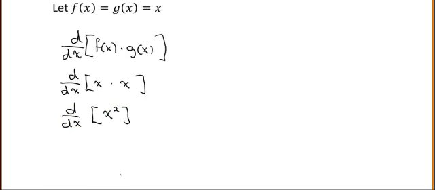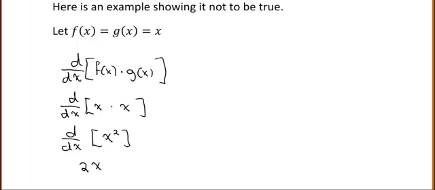Now, using the power rule, this derivative would be 2x. So if f and g are both x, then the derivative of f times g is 2x.